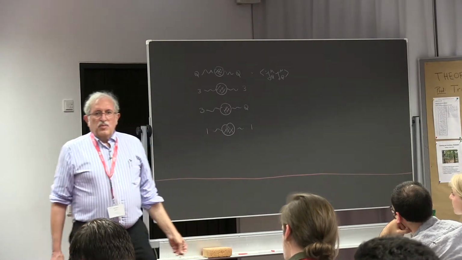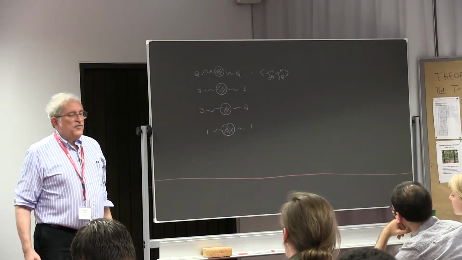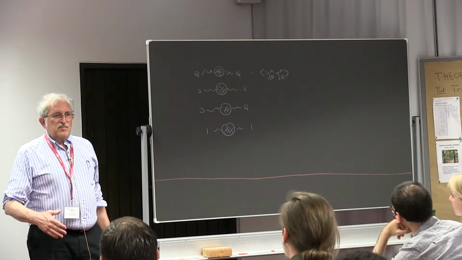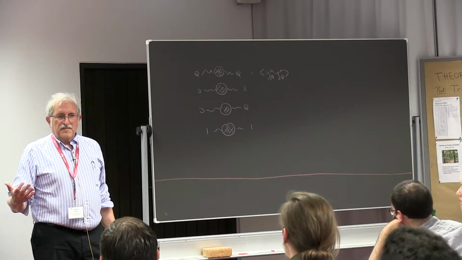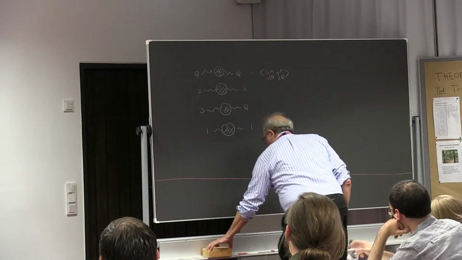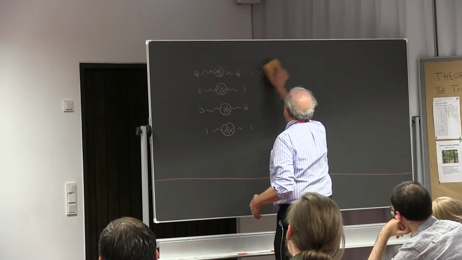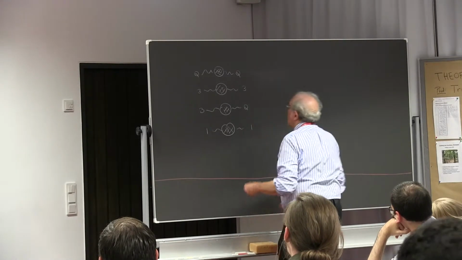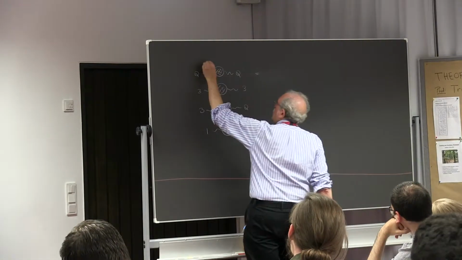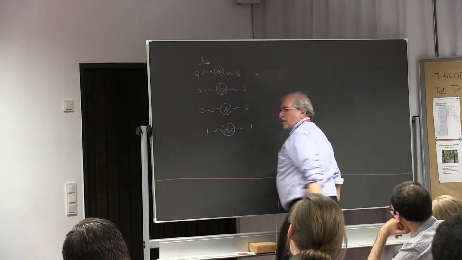Now let me add one more assumption, which is that new physics is heavy. That is to say, the scale of new physics is much larger than the mass of the Z. Then it also makes sense to Taylor expand these expressions in powers of the Q that runs through the diagram.